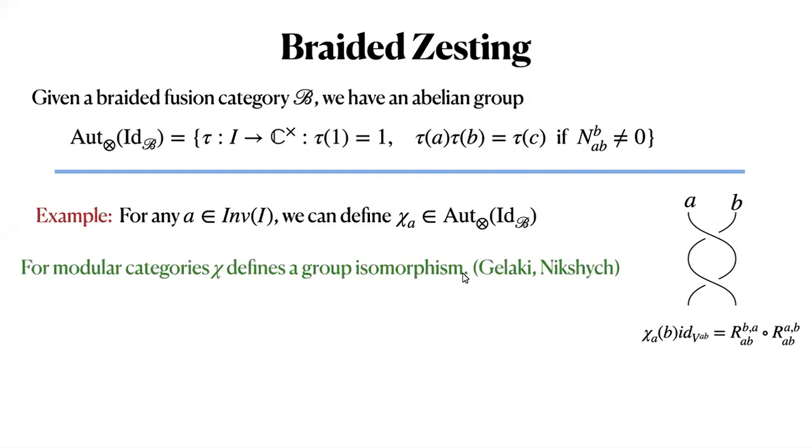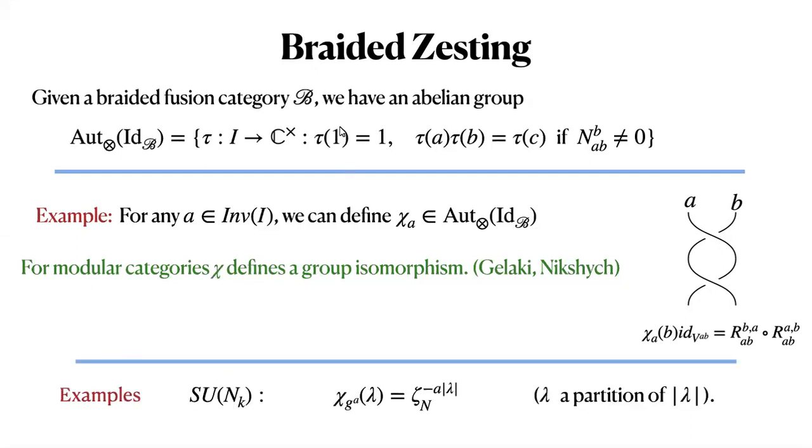The good thing is something that Gelaki-Nikshych prove: in the case that your category is modular, in fact, this chi defines an isomorphism from the invertible elements of your category to the automorphisms of the identity. So in this case there is an isomorphism.